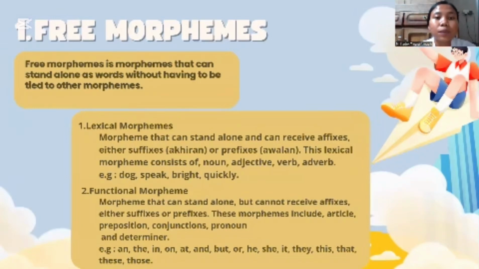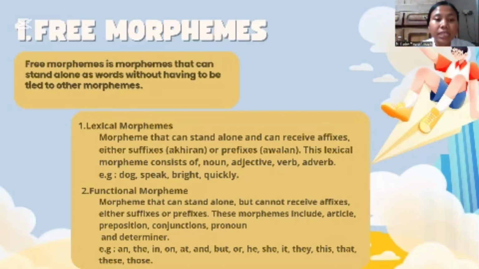A free morpheme is a morpheme that can stand alone as a word without having to be tied to other morphemes. And free morphemes can be categorized into two, that is lexical morphemes and functional morphemes.